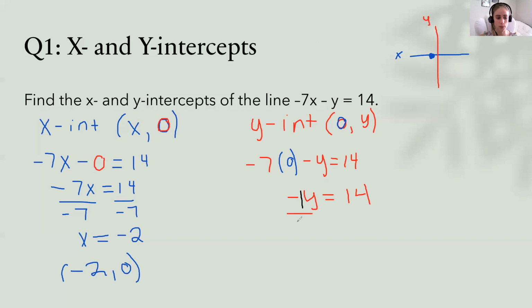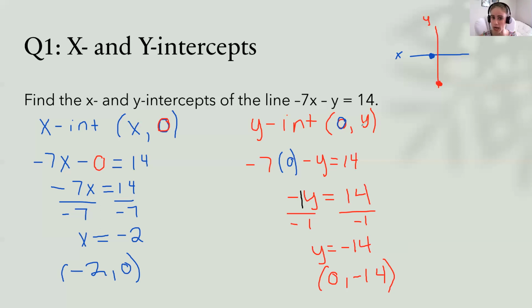We will divide both sides by negative 1, and our y-intercept is negative 14. So when x is 0, y is negative 14. So our y-intercept is 0, negative 14. And again, I'm just estimating here on that graph, so that would be somewhere down here.